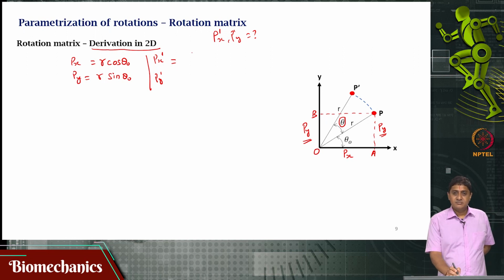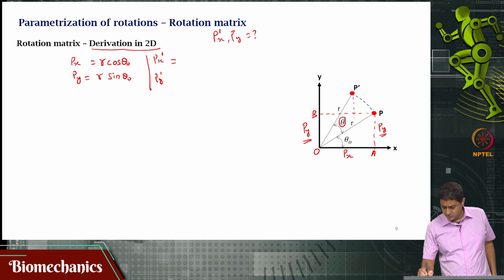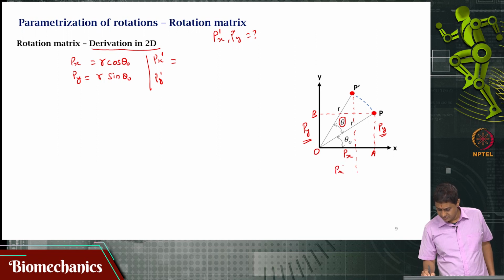So, I write Px dash, what would that be? Well, same, right? This is a different formulation, that is actually Px dash, that is r cos of theta naught plus theta, is it not?